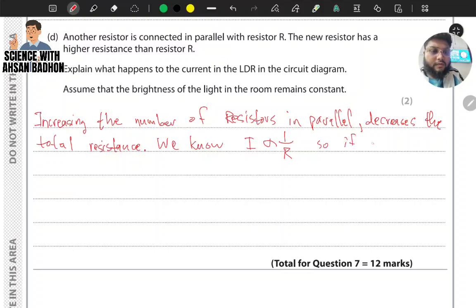So if resistance decreases, current should increase.